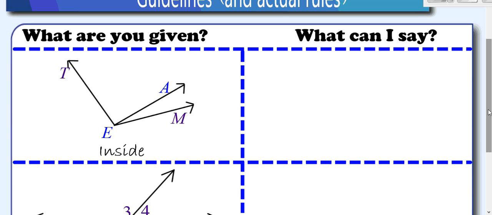If you've got a point that's inside or a ray that's inside two angles, just like with segments, we know that these two angles will add up to equal the whole angle.